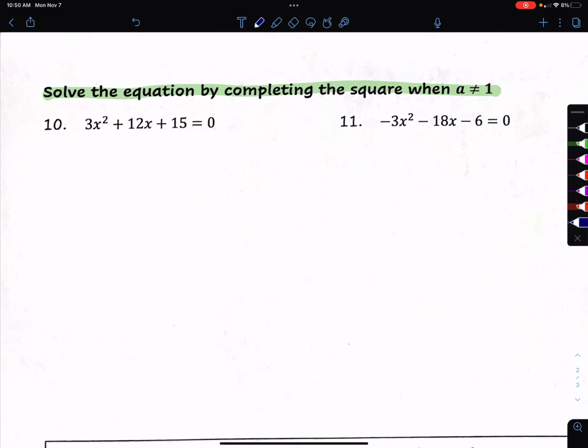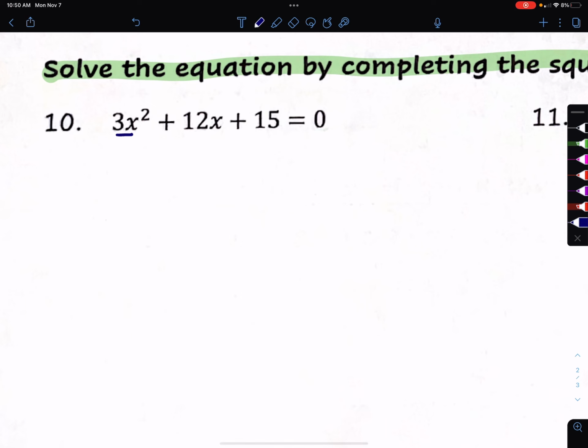So we are going to take number 10, and every term we're going to divide by 3. This will simplify to x squared plus 4x plus 5, which equals 0.